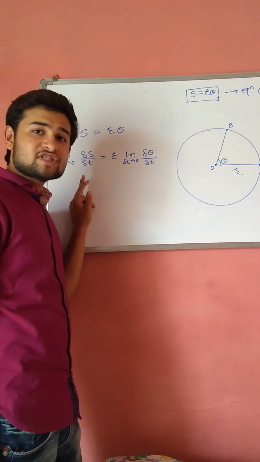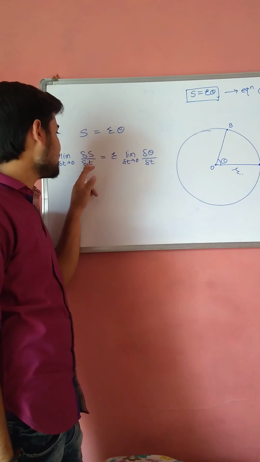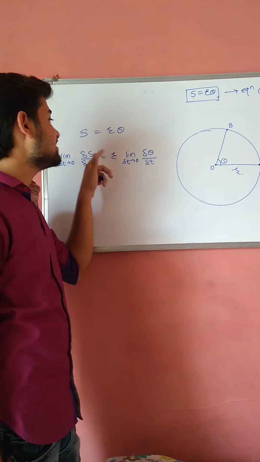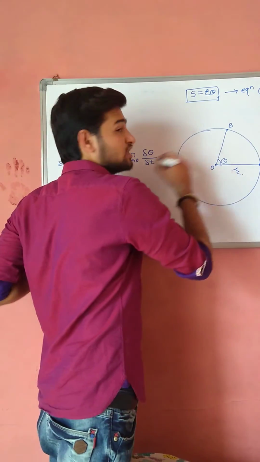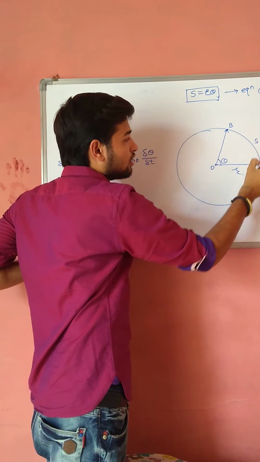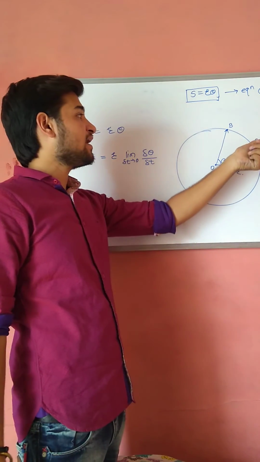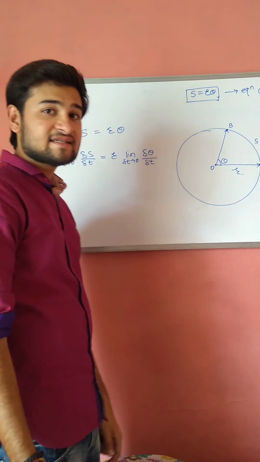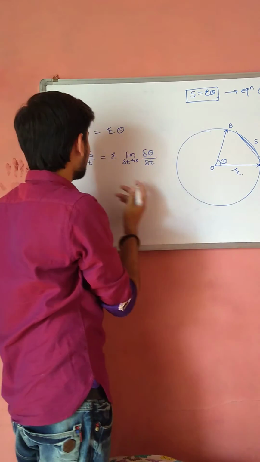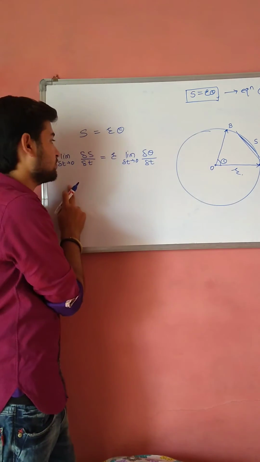The definition of linear velocity is the rate of change of linear displacement with respect to time. Here S is the linear displacement, because the radius vector is moving along the circumference of the circle, making arc S, and this arc S is a straight line if the time limit is very, very small.